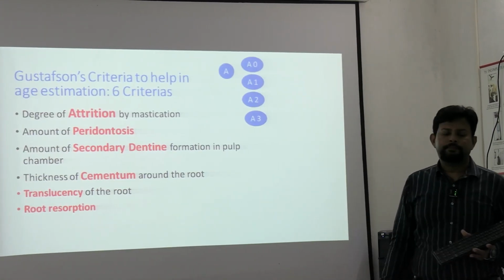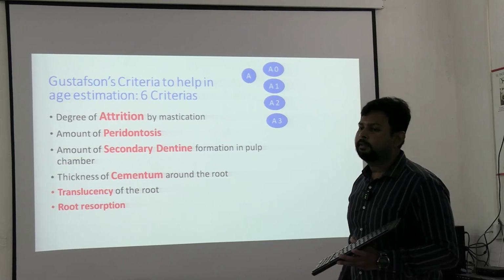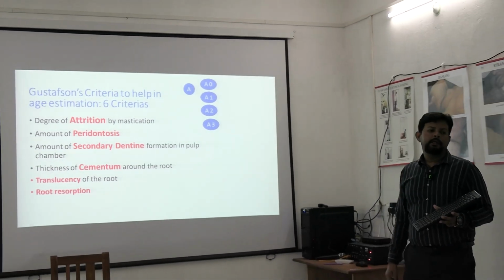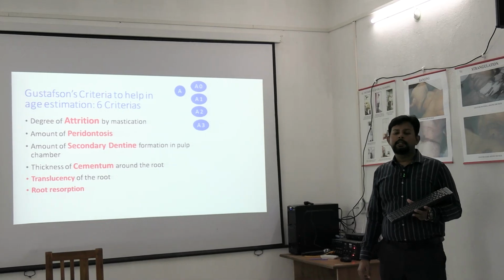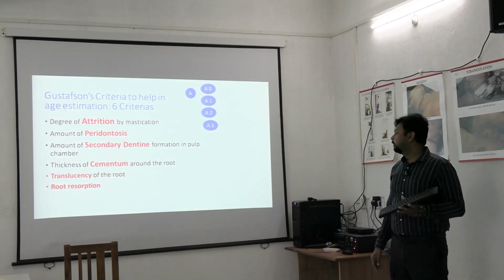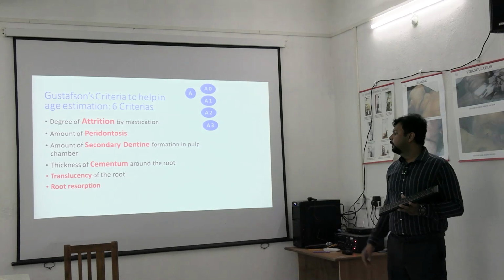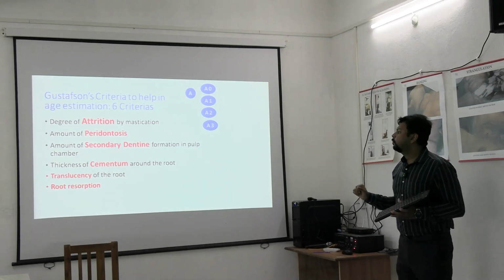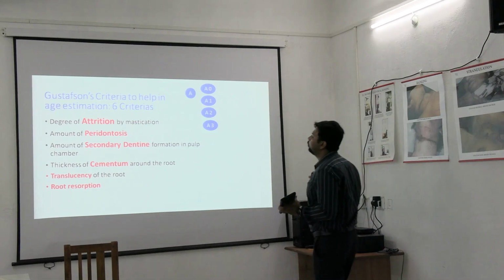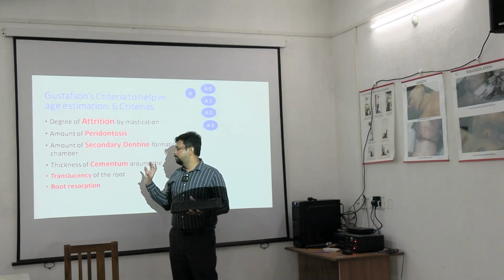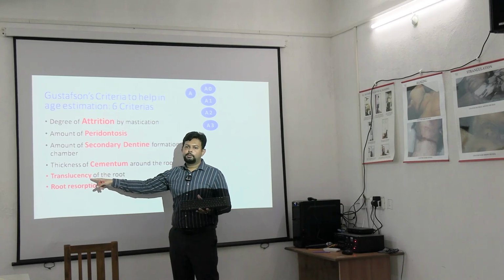Let's see here. First criteria is attrition. Then there is periodontosis. Then there is secondary dentin. Then there is cementum apposition. Then there is translucency, and then there is root resorption. Among these, the most important one for estimation of age is translucency of the root.